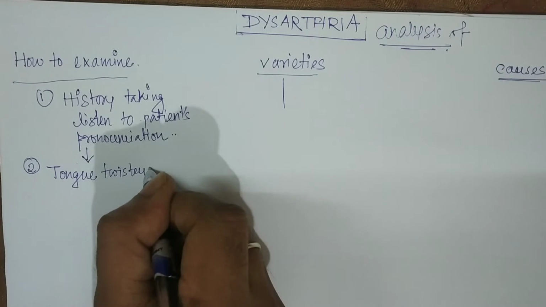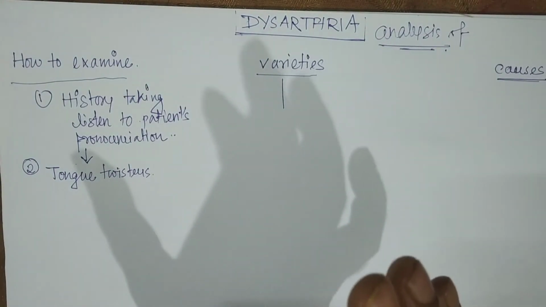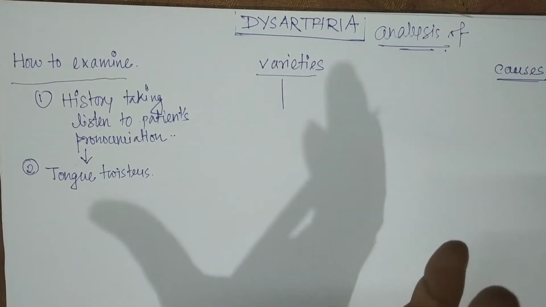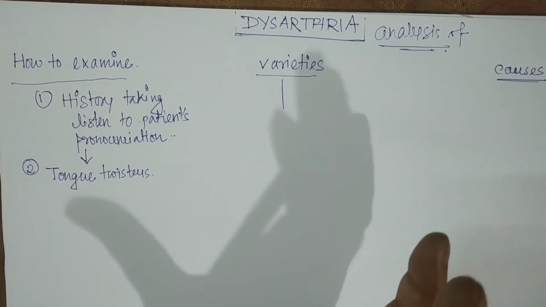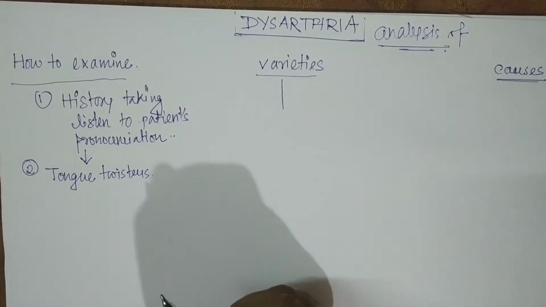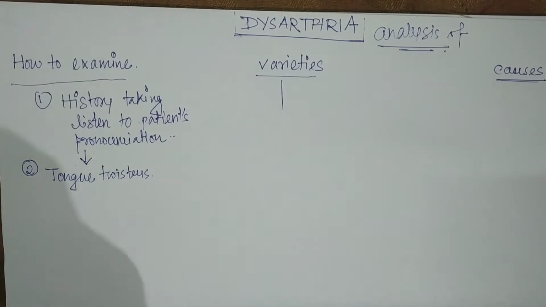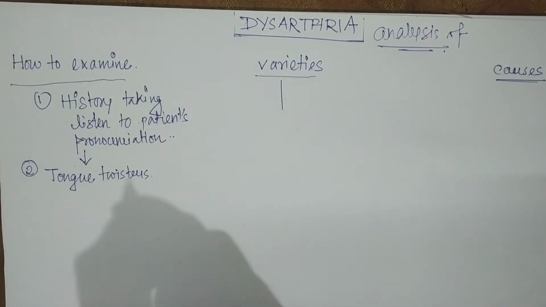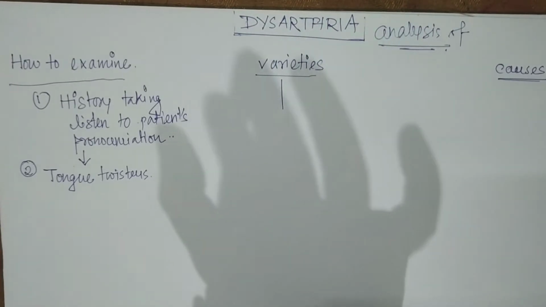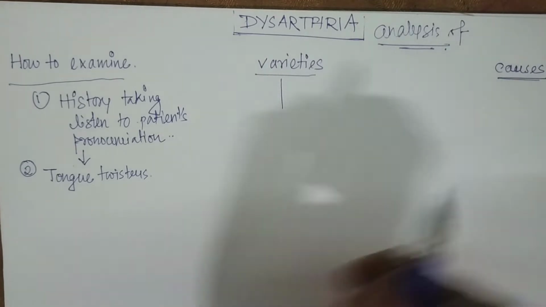The best thing is to first start with easy tongue twisters, because the traditional ones written in the books are really very tough even for normal people to pronounce. So first we can start with easy ones, then go on to the traditional ones. But for exam purposes, we must remember the tongue twisters which are written in the books and traditionally used. So what are they?